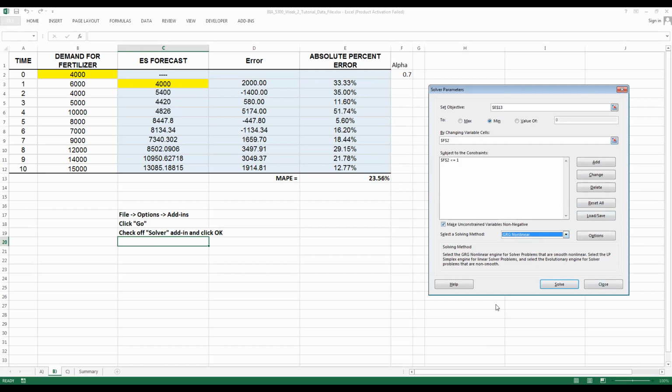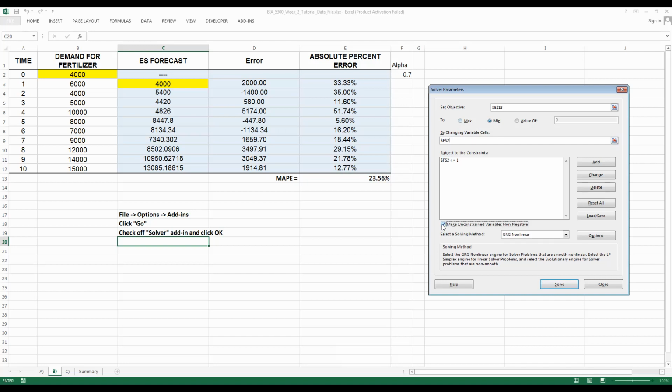So this is what it should look like. If yours looks identical to this, then clicking solve is going to do it for you. The objective, remember, was the MAPE, which we are trying to minimize, and we're doing that by changing the alpha, subject to the constraints that alpha has to be less than or equal to 1.